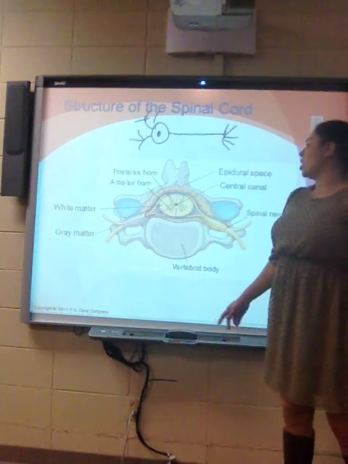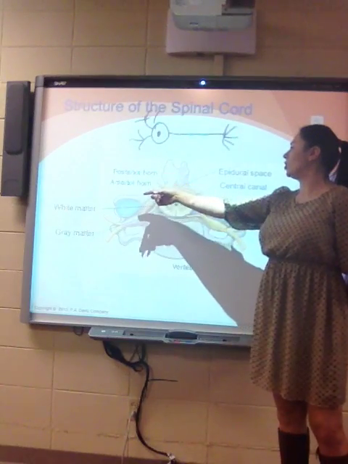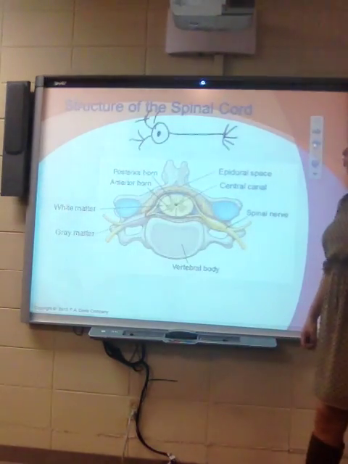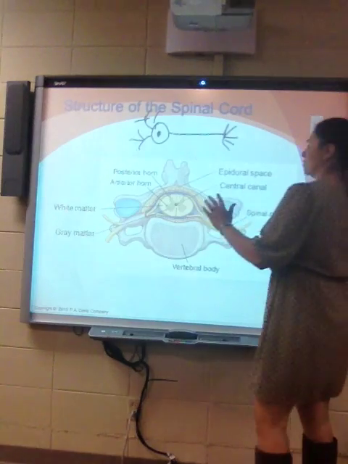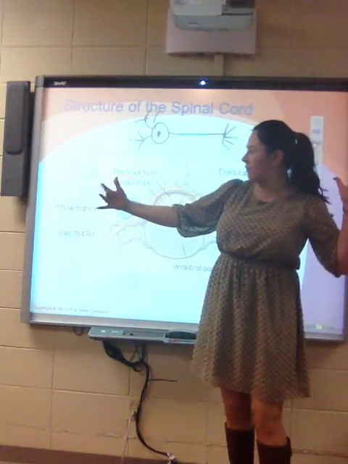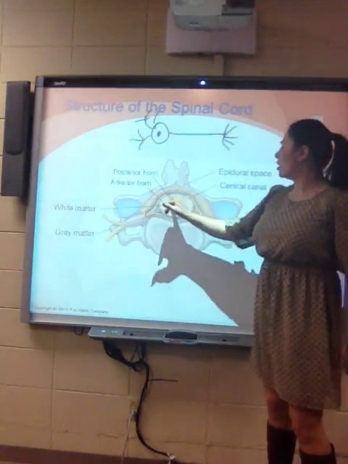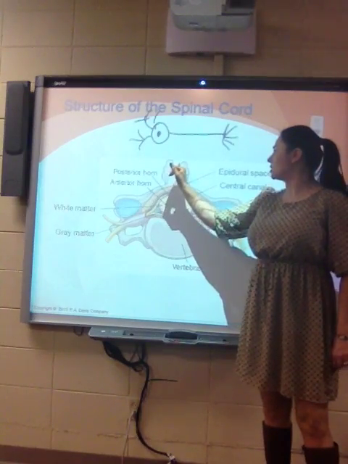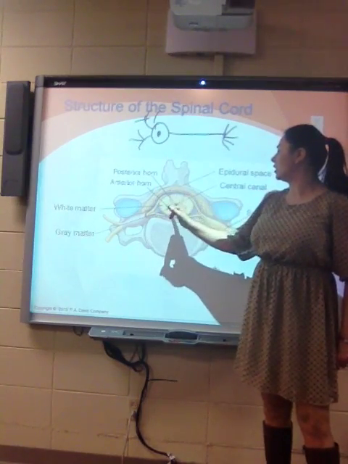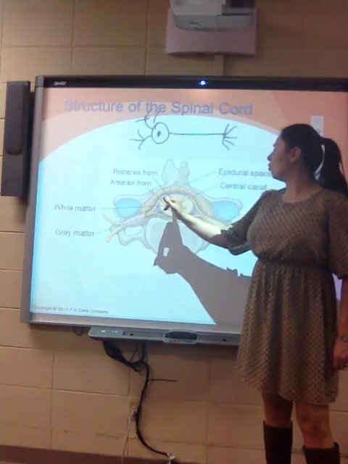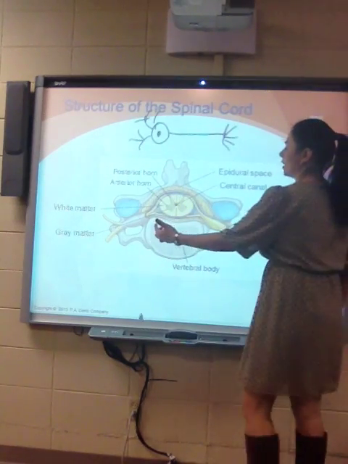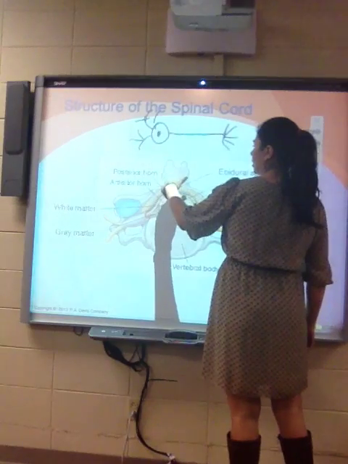You do need to know the difference between a posterior horn and an anterior horn. You do have a right and a left to it. Posterior is towards the back side, this is your dorsal fin here. In the posterior horn, you have where sensory information is coming in.